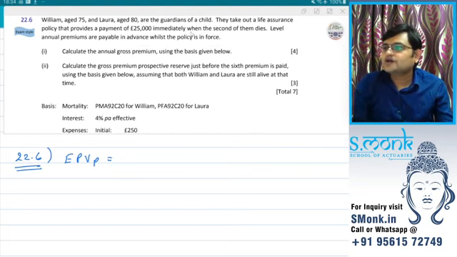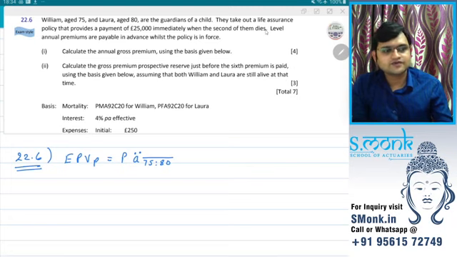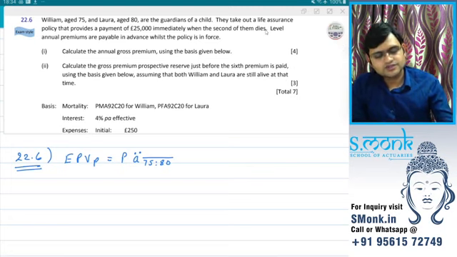The payment is given immediately when the second of them dies, so we are talking about last survivor. So the premium P would be paid till the second death, so we'll have a due 75, 80 bar, last survivor. Let's look up this 75, 80 later.